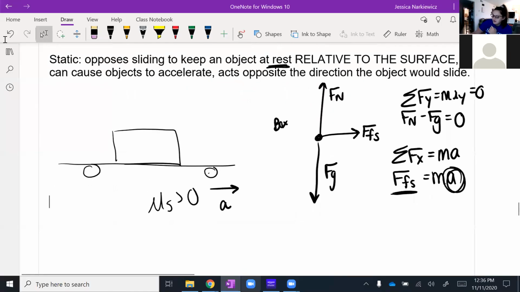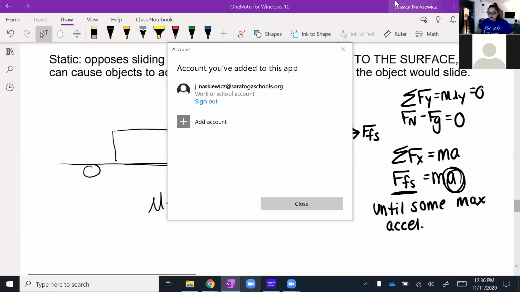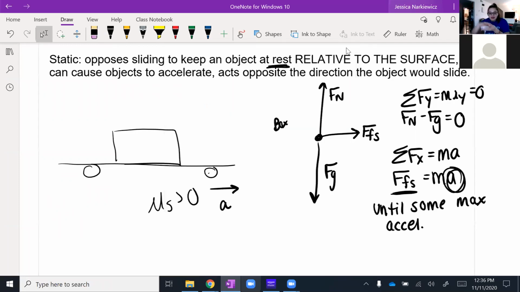Okay. Now, this statement here is true until some maximum acceleration. Okay. There's very clearly a point where I pull my hand back too fast and static friction can't keep up. Okay.